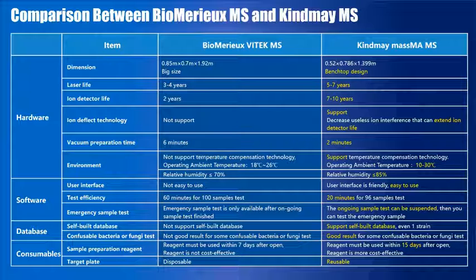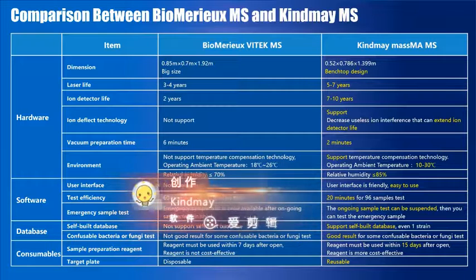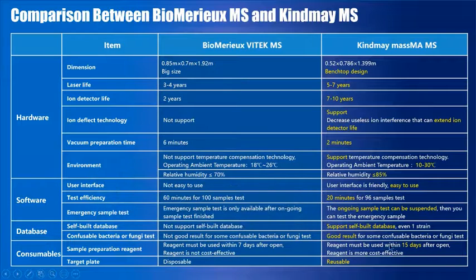But for us, we are open, and we allow customers to self-build the database by themselves. So it's very useful for the customer. For consumables, bioMérieux only provides a disposable target plate, but our target plate is reusable.